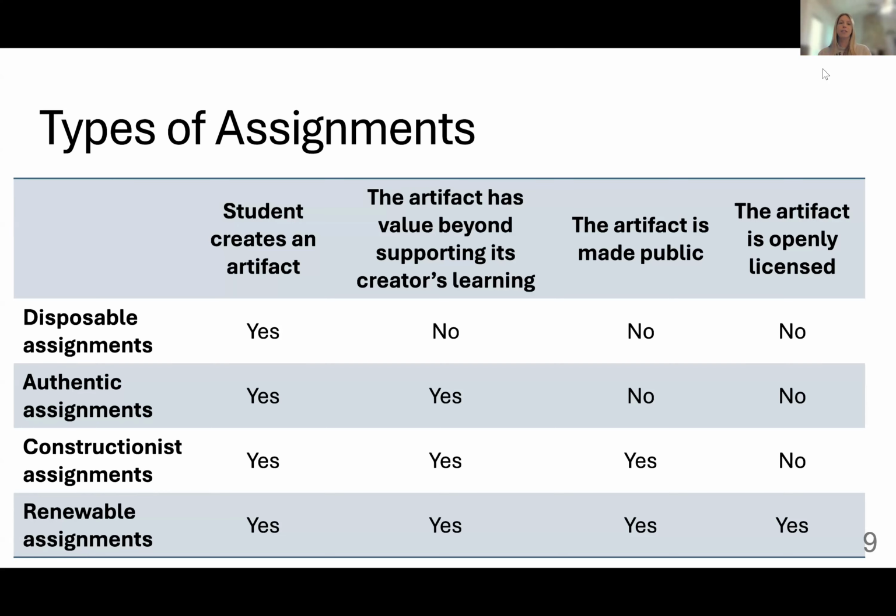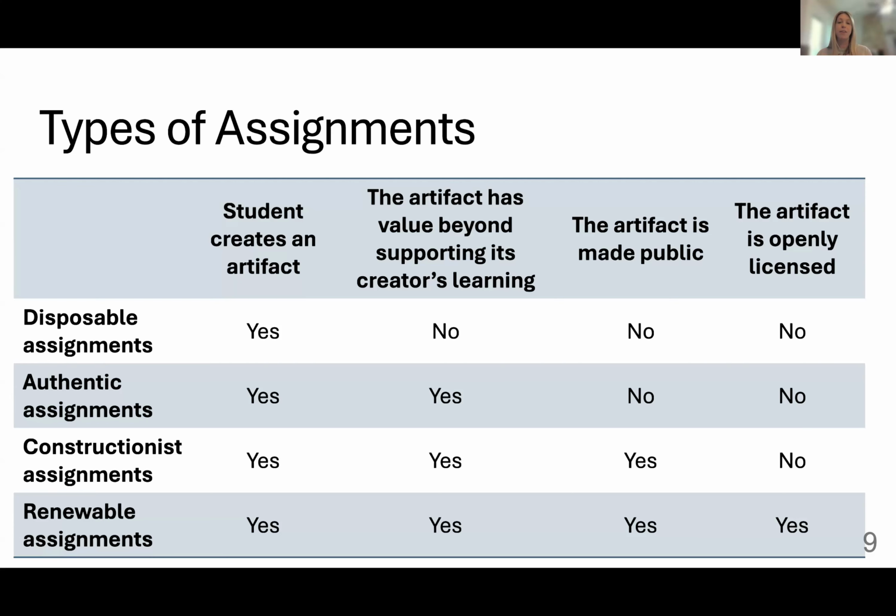But it usually is just a way for the student to show that to the instructor. And then that's the end of that artifact's life. So we call these disposable assignments. Students create something, they show that they've learned something, but it doesn't have any value past that, right? It's still a useful thing.